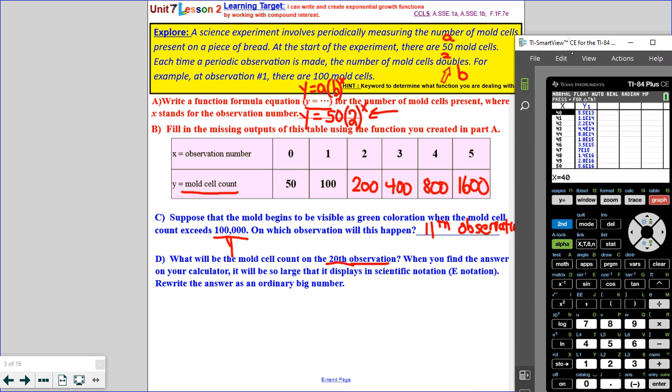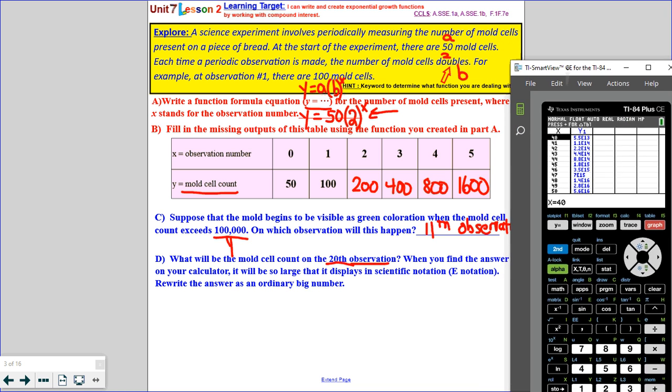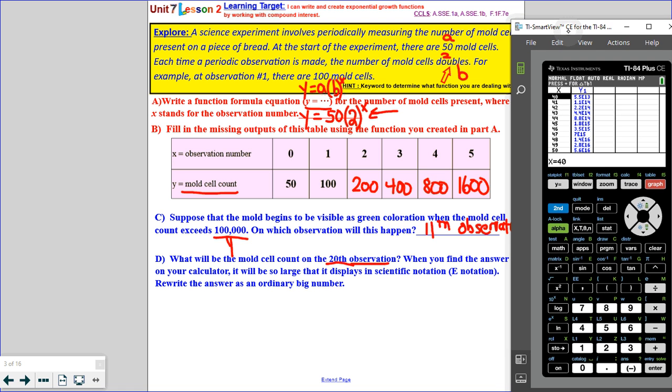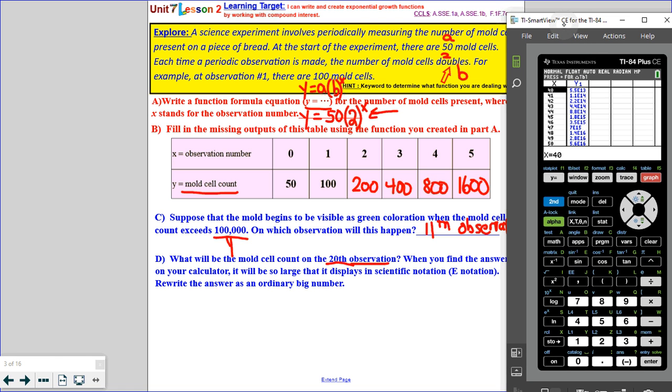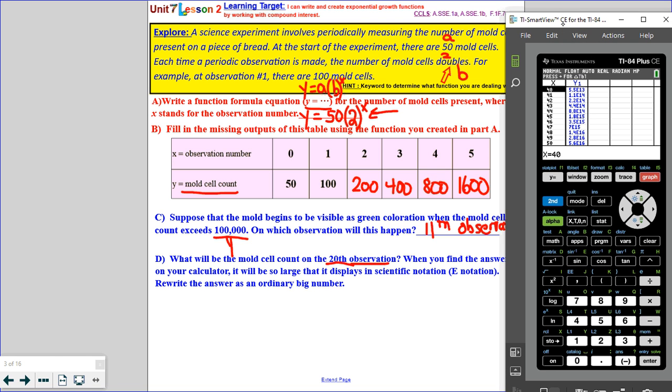So what will the mold cell count on the 20th observation be? When you find the answer on your calculator, it may be so large it displays in scientific notation. So the E notation, and we're going to rewrite this as an ordinary big number. Let's just go to table set again, second function table set, and instead of 40, we want to put 20.